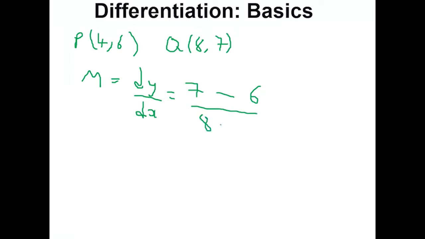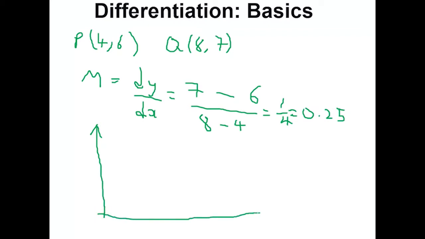So this is 1 over 4, and in decimal is 0.25.